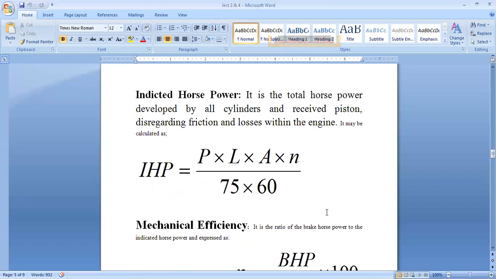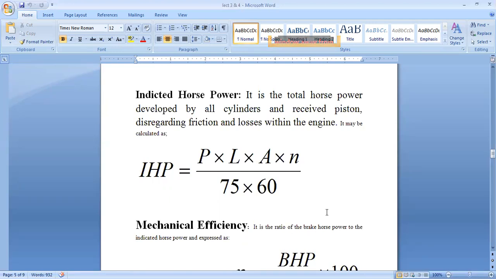Unit of P is kg per centimeter square. L is the length of stroke in meter. A is the area of piston in square centimeter. And N is the number of power strokes made by the engine in 1 minute.